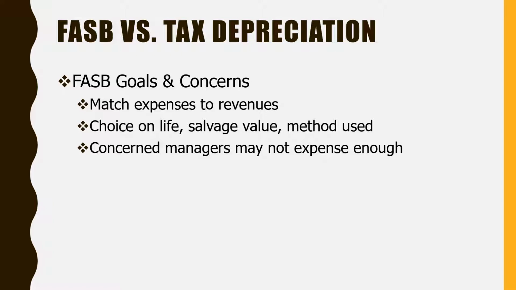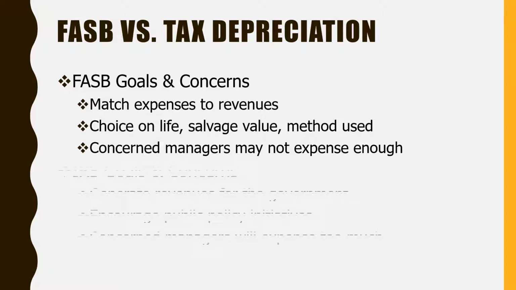You can use straight line, which most companies do, but you can still use double declining balance or some other approved method. FASB's major concern is that managers may not expense enough. Managers tend to like higher net income, so the concern is they might understate the expenses.